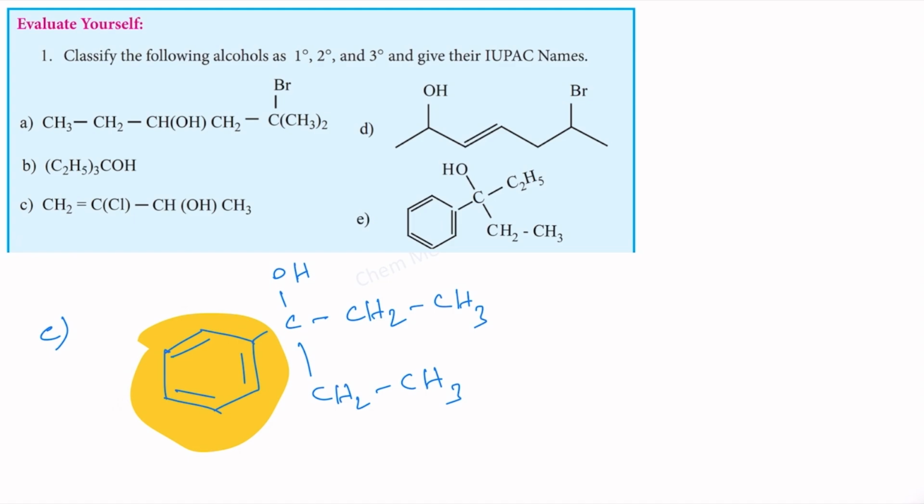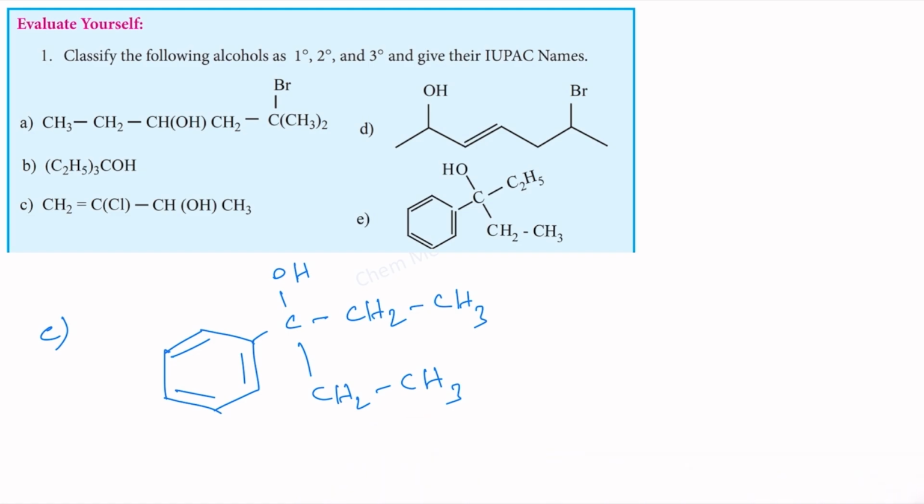Just because it has 6 carbon atoms, that does not mean that it is the long continuous carbon chain. The functional group is in the acyclic chain. It is not in the cyclic chain. Therefore, wherever is the functional group, that is where you need to look at the long continuous carbon chain. Therefore, this is the long continuous carbon chain here.